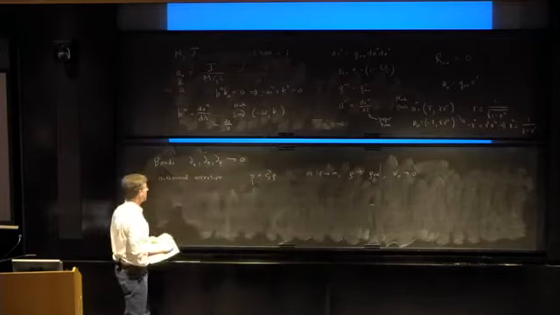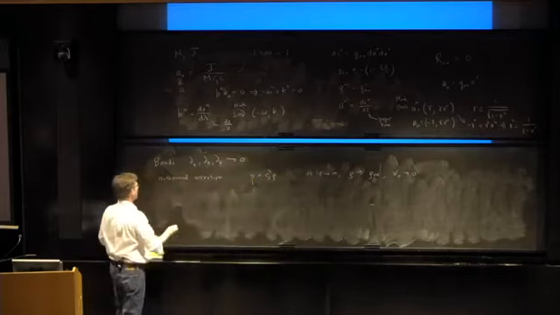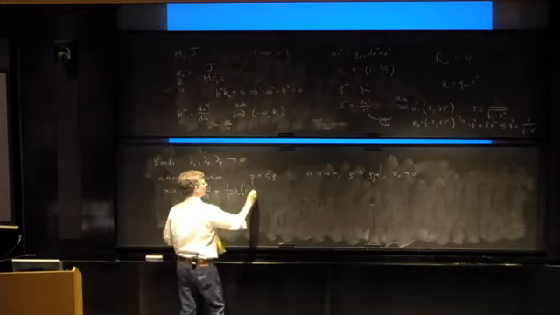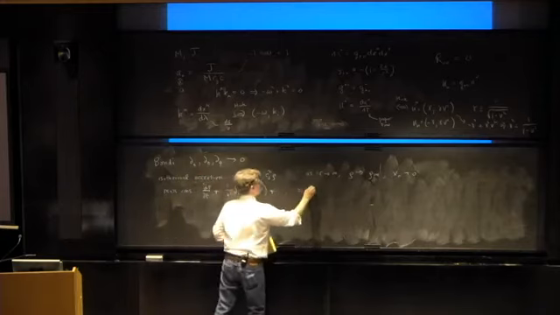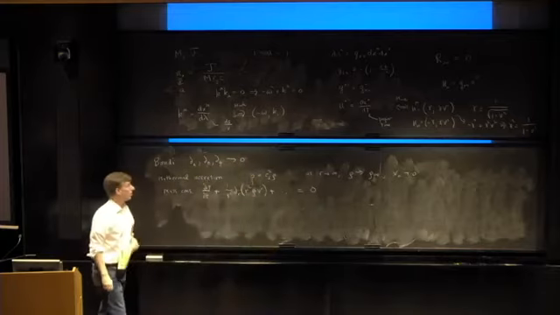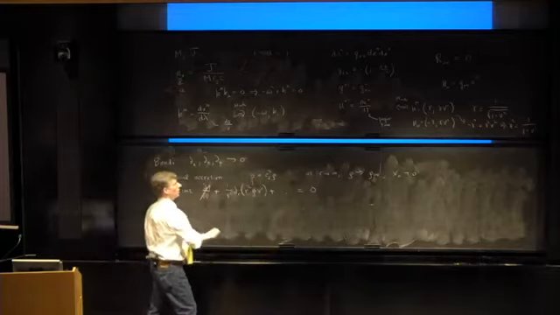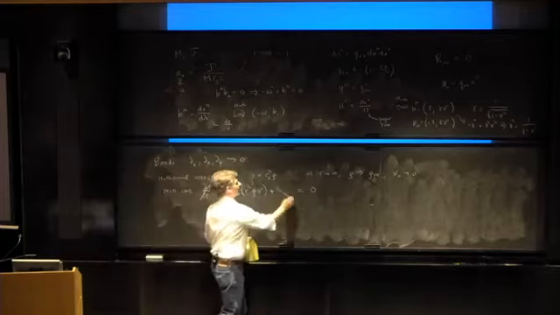Okay, now mass conservation. So we have two equations here. We have mass conservation, which gives us ∂ρ/∂t plus 1 over r² ∂(r²ρv_r)/∂r is equal to 0, and ∂/∂t is 0. And all these things that I didn't write down here, which are related to angular derivatives, are also 0.